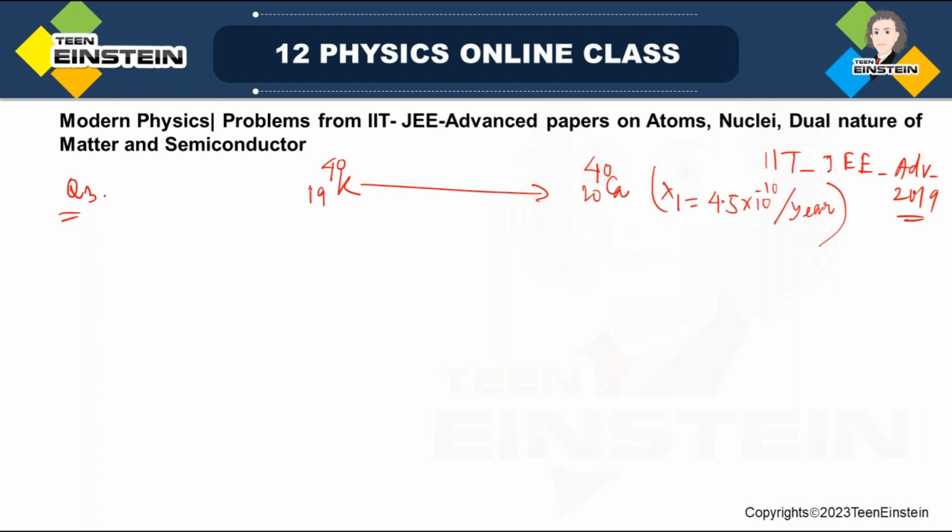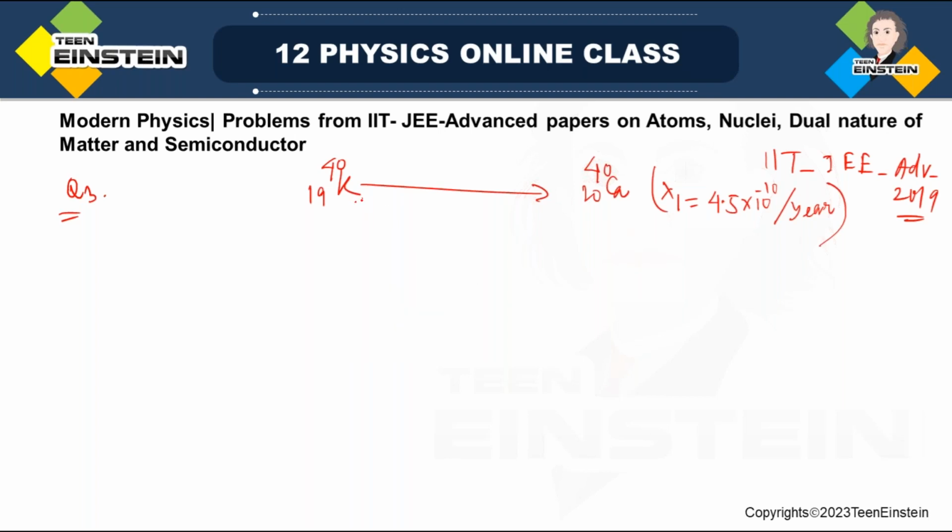Like say a radioactive nuclide potassium decays into calcium, which is a stable nucleus, calcium-40. So for this reaction, the decay constant lambda 1 is 4.5 into 10 to the power minus 10 per year, and it can decay by another path also.